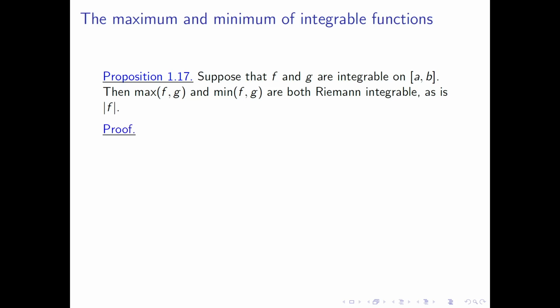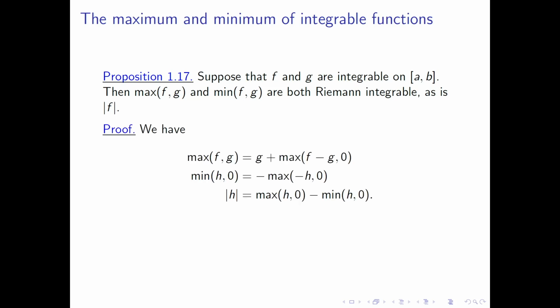Okay, so the first thing to note is that we want to show that various things are integrable, but actually we only really need to focus on one specific thing and show that it's integrable. So there's a series of pretty obvious equalities. The first is that the maximum of f and g is equal to g plus the maximum of f minus g and 0.